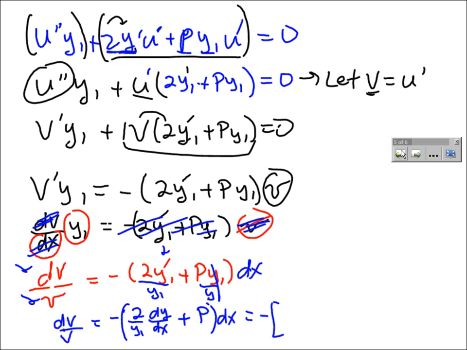I'll distribute this dx: you have 2 over y1 dy dx times dx, which cancels, plus p dx. Okay, I'm going to have to erase stuff.